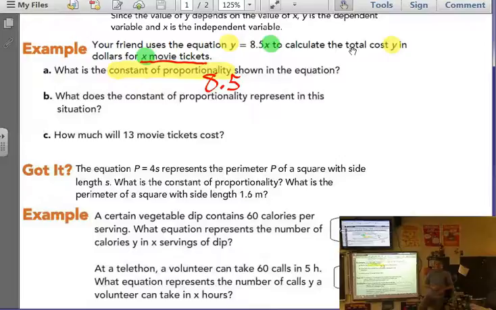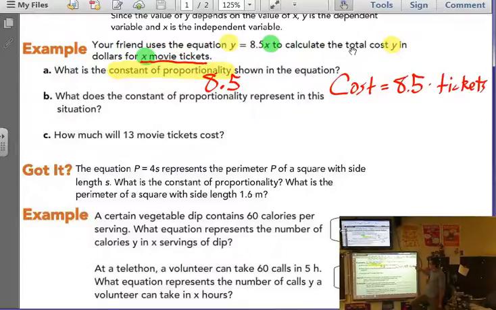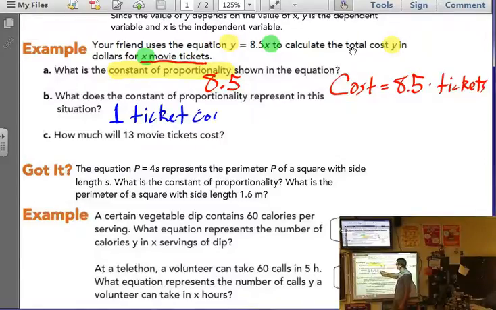So in this situation, if I am told that cost in total will be 8.5 times the number of tickets, then what is that 8.5 really? Xavier? The cost per one ticket. Yeah. So that tells me that one ticket costs $8.50.